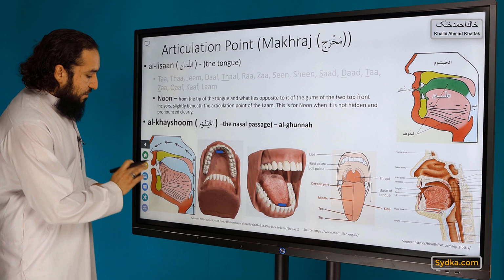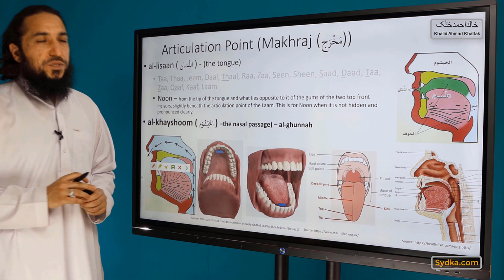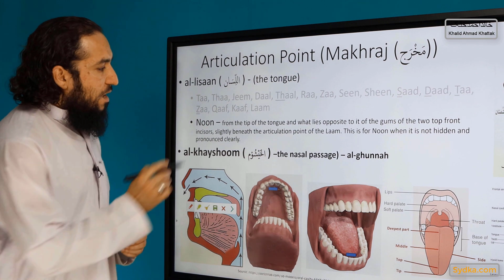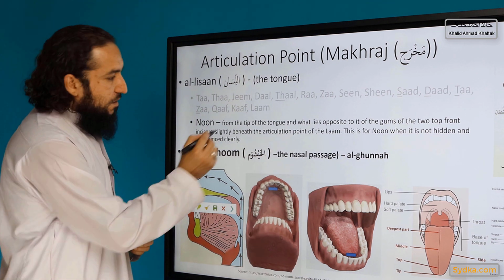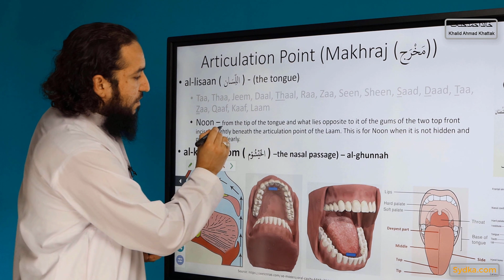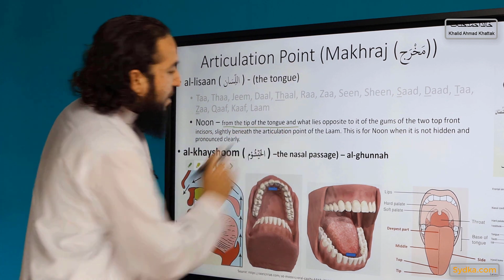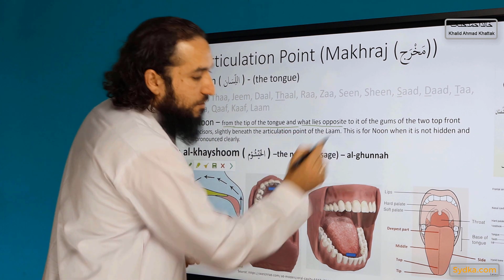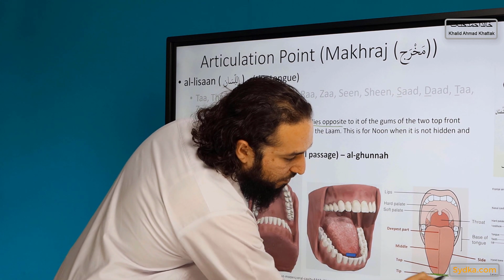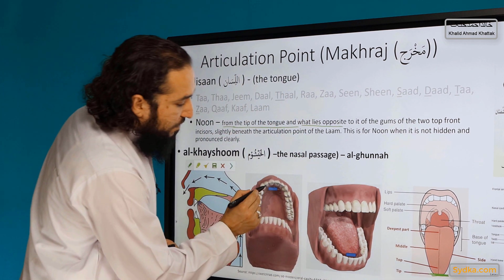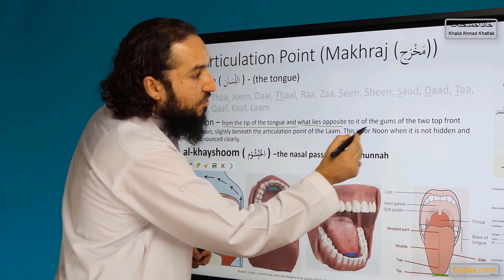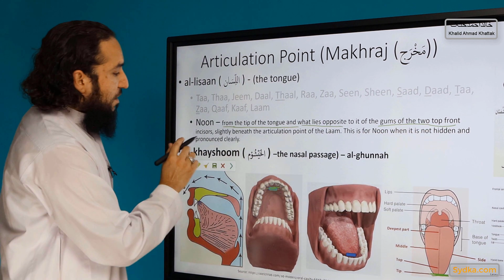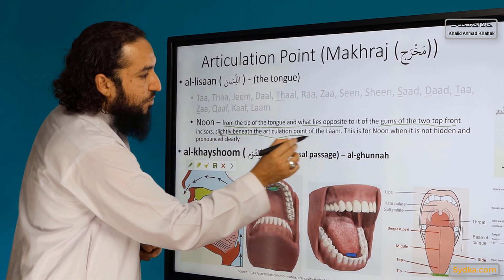So, articulation points. It has two articulation points. The first one is the tongue, and we will explain one by one. From the tip of the tongue and what lies opposite to it, that's the roof of the mouth, the gum of the two top incisors, slightly beneath the articulation point of Lam.